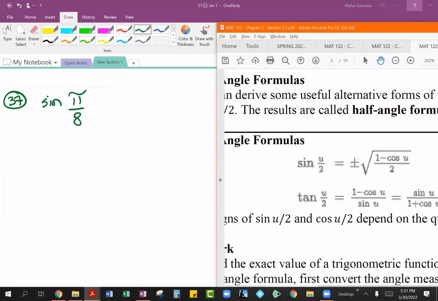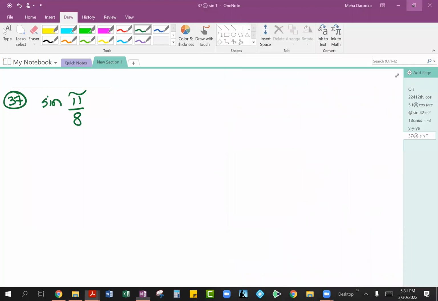Again, you can see with the formula, you need your denominator to be half, or 2, right? So that means we will have to rewrite our angle. Since they are giving you sine of u over 2, think of this as sine of 1/2 times u.